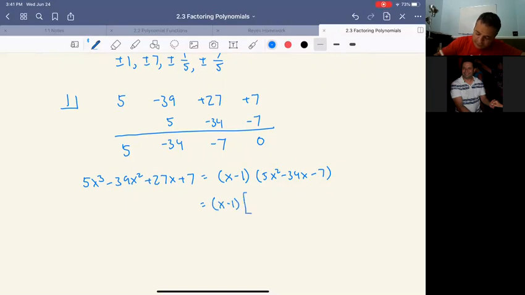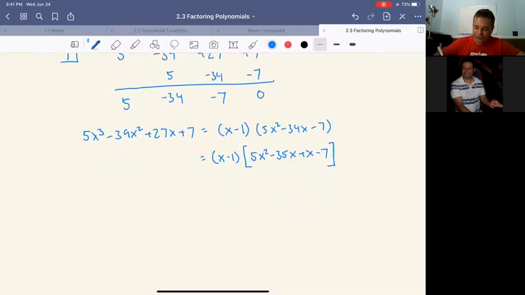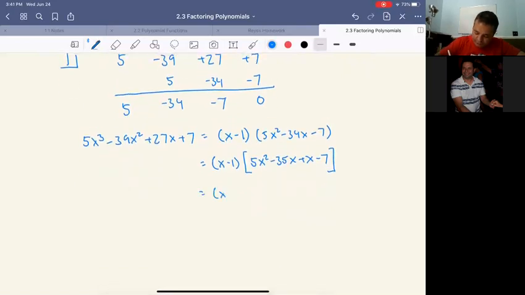So I'm going to write this as x minus 1, and do the same thing I did before in that example: 5x squared minus 35x plus x minus 7. Doing factoring by grouping, 5x comes out, x minus 7, plus, oh look, x minus 7. Remember, even though it's not written, there's a 1 implied there.